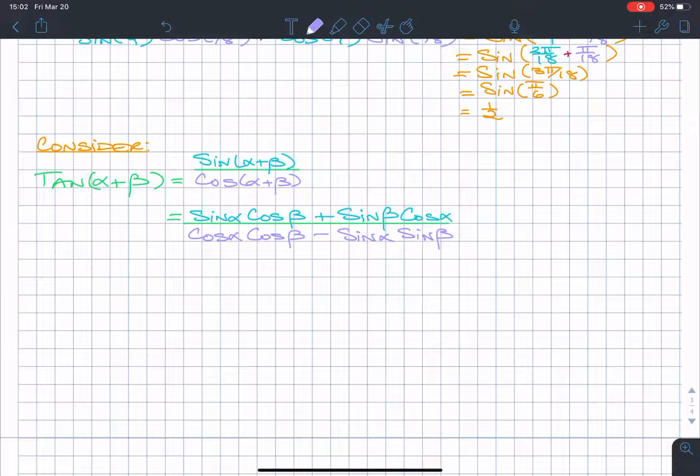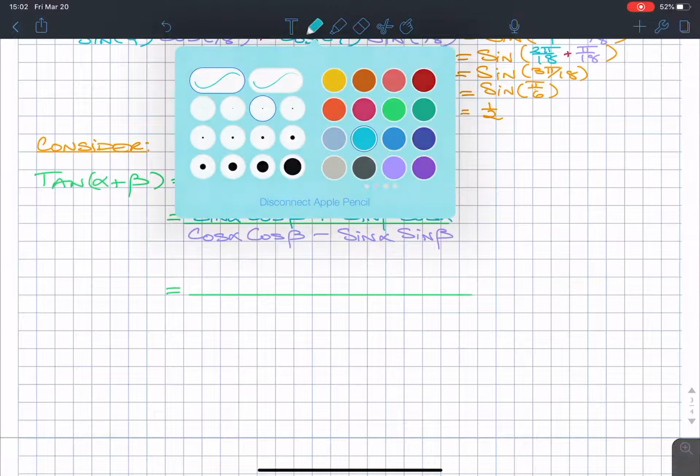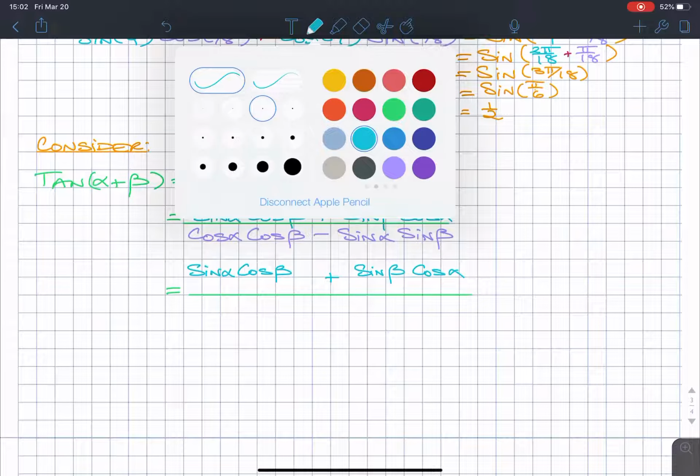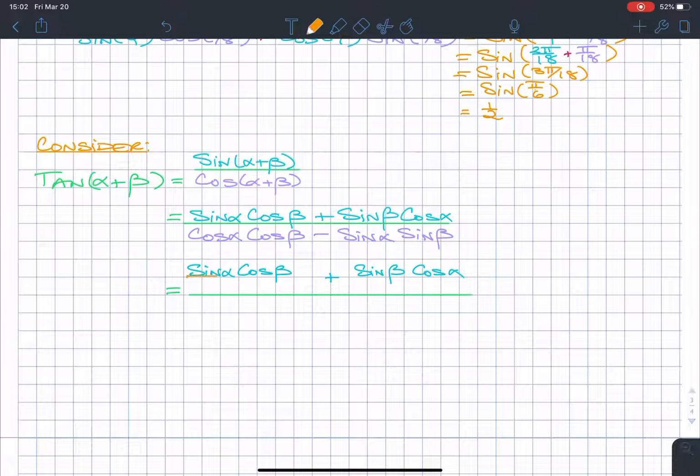So what I'm going to do in this quotient is divide each term by cosine alpha, cosine beta. So I will have sine alpha, cosine beta, to which I'm adding sine beta, cosine alpha, and I'm going to divide that by, actually let me do that in orange, I'm going to divide both terms in the numerator by cosine alpha, cosine beta.